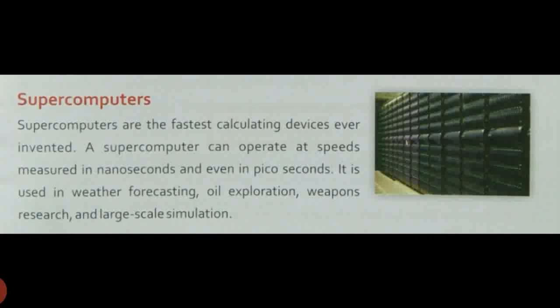Next one is supercomputer. Supercomputers are the fastest calculating devices ever invented. A supercomputer can operate at a speed measured in nanoseconds and even picoseconds. It is used in weather forecasting, oil exploration, weapon research, and large scale simulation. A simple example: an Indian person named Vijay Bhatkar invented a supercomputer named Param.